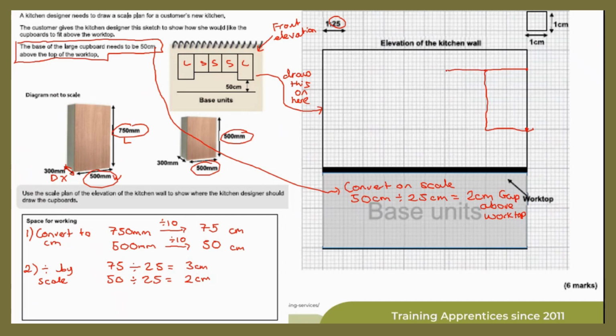So 1, 2, 1, 2. And we're going to do 3 of those. And then all we need to now do is just join our lines up. And we have got our elevation of our kitchen cabinets. And that is our scale.